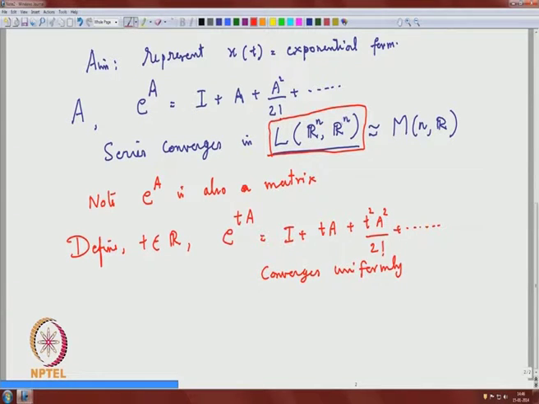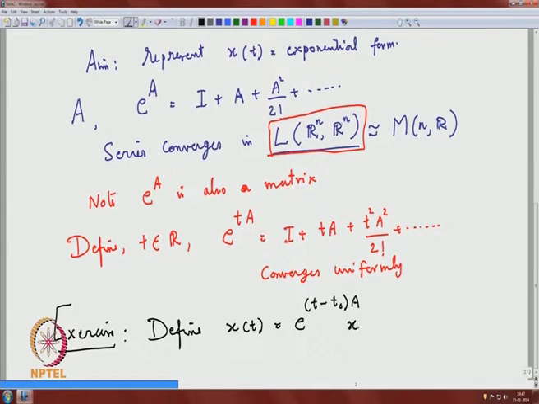Okay. So, here is an exercise. I want to start you off with an exercise now, which you can do easily. Define x t is equal to e power t minus t naught of a x naught. Note that e power t minus t naught into a is a matrix.